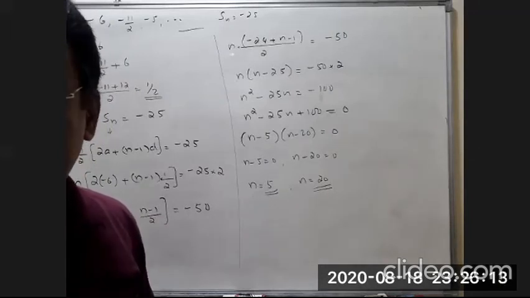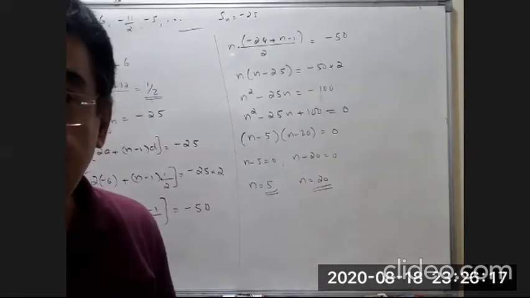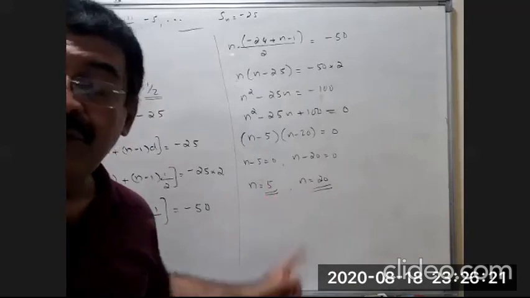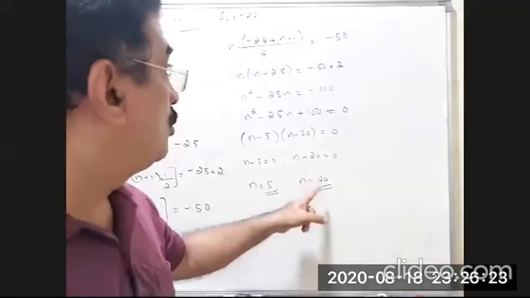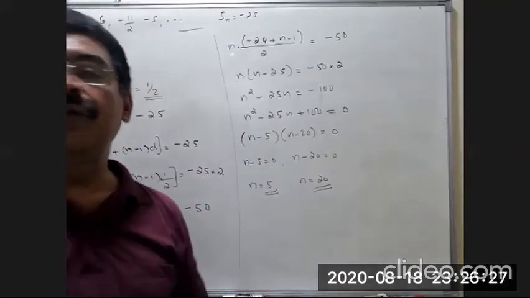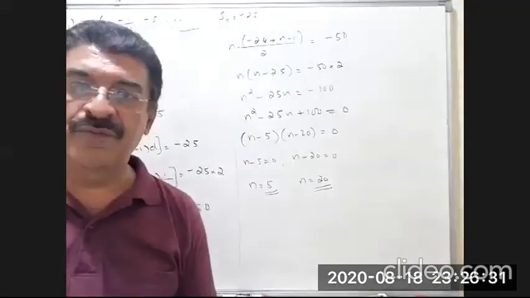But here, both are positive numbers. Can we accept both? That means the sum of 5 terms and the sum of 20 terms both give the same answer. Is it possible? Sum of two different numbers of terms.